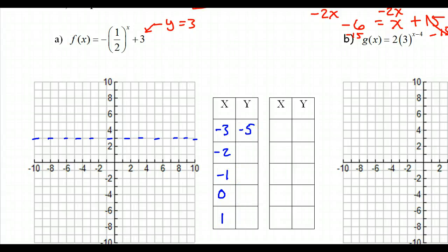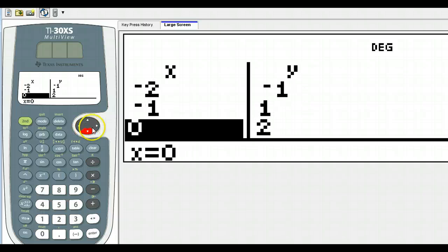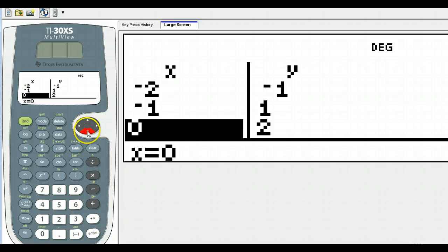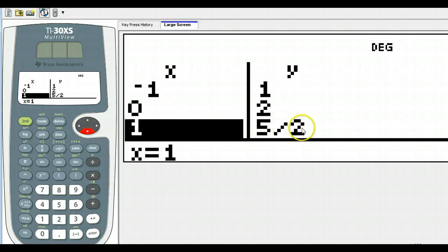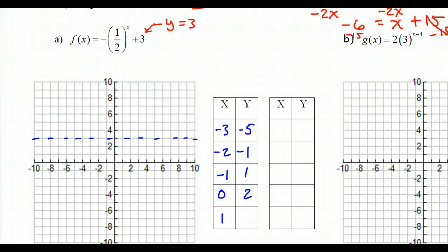So let's get the y values that go with them. Alright, so next I have negative 1, 1, and 2. And that last value is 5 over 2. Alright, which of course is 2.5. Notice your calculator will show that if you highlight it and hit the toggle key if you need it.